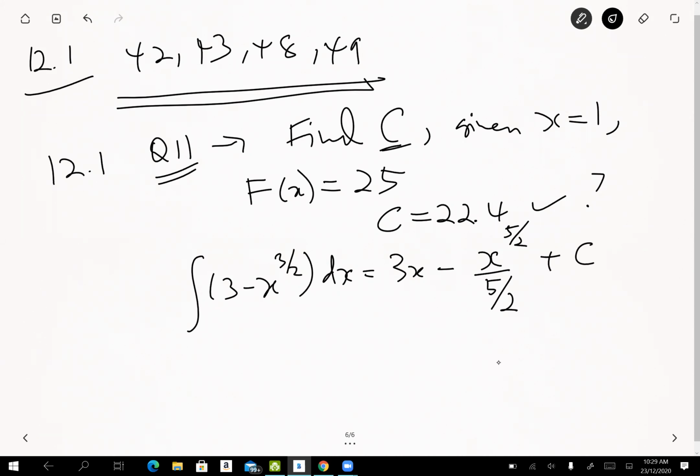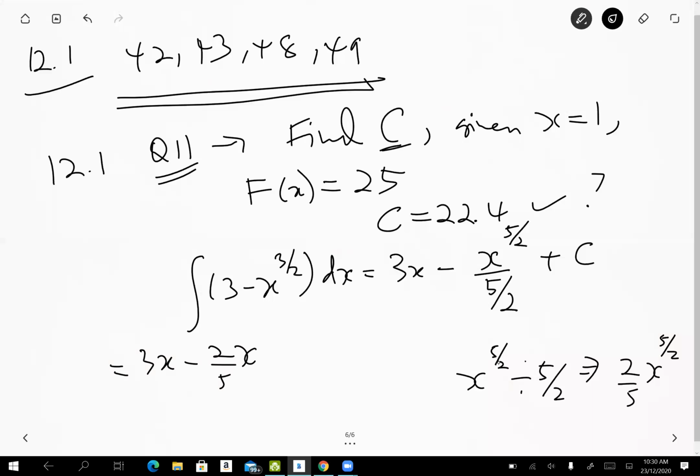Dividing by 5 over 2, that will become 2 over 5 times x to the 5 over 2, so flip it up. That will be equal to 3x minus 2 over 5 x to the 5 over 2 plus c. Right? Then you substitute.